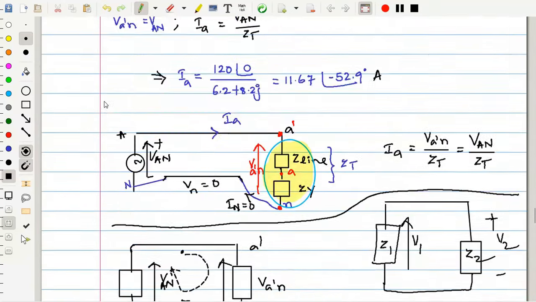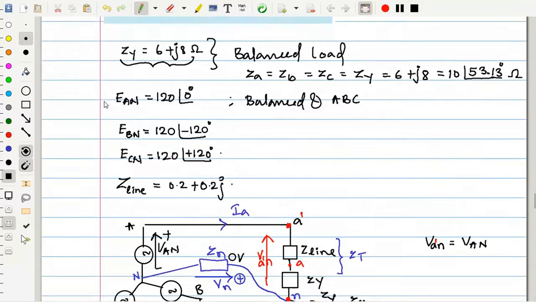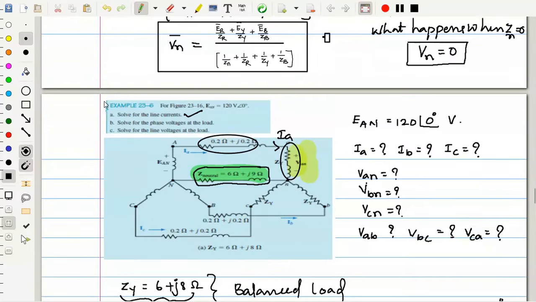Next, what is the third part? Sub-questions are A, B, C, so I should follow this. Solve the line voltages. What is the line voltage here? VAB, A to B. Now can I write VAB as VAN minus VBN? This is plus, minus, plus. This is VBN.